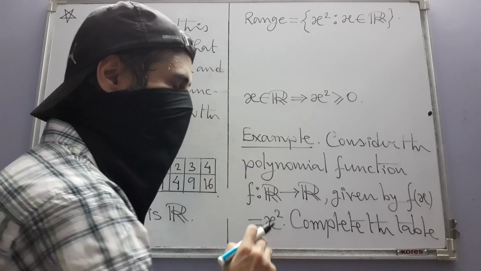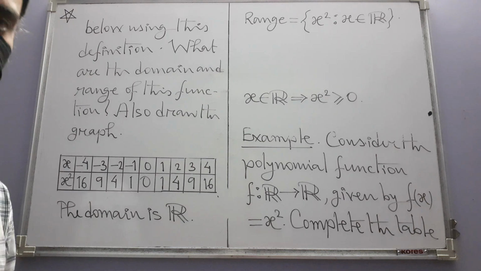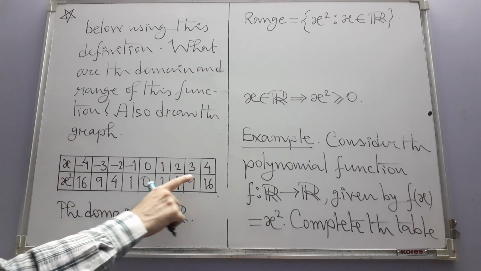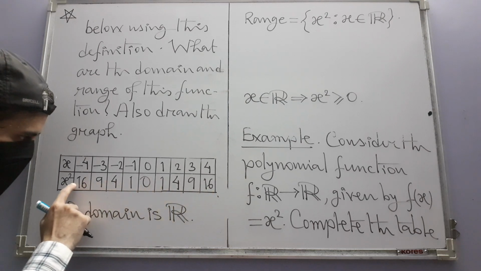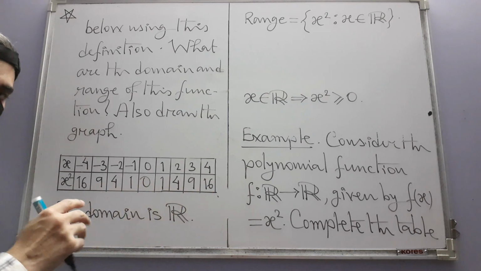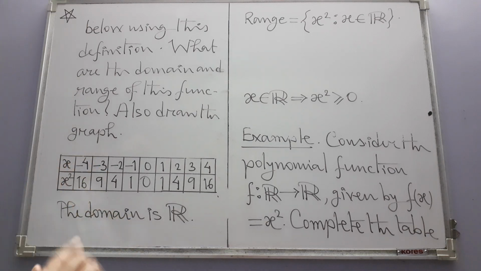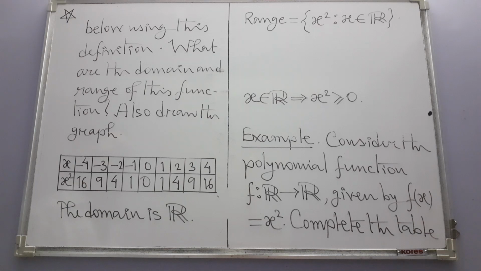For other non-zero numbers, whether they are positive or negative, square is always positive. You can see that here. For 4 and minus 4, square is 16. The squares are all positive except one square, which is 0. 0 of course is not positive, it's just 0. And that is why x square is always greater than or equal to 0.